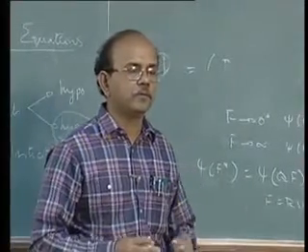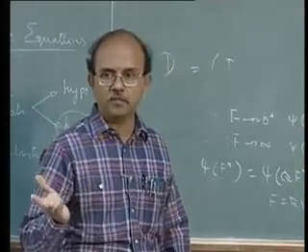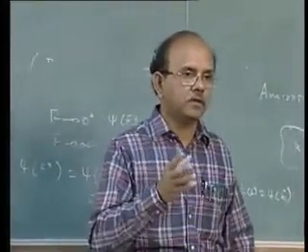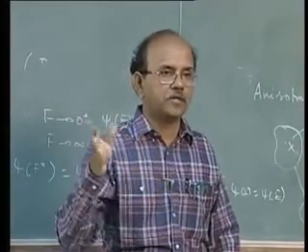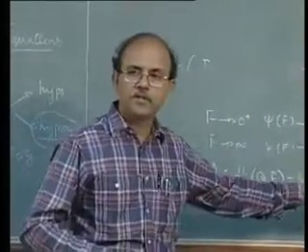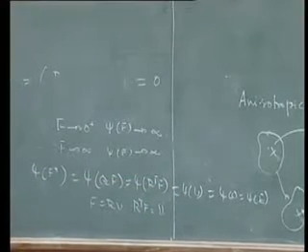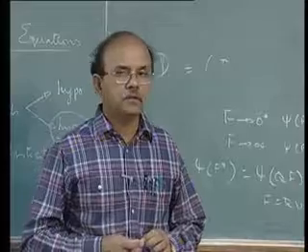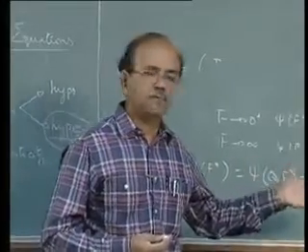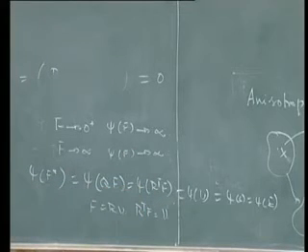We remember we defined F transpose F to be C, and we had a relationship between E and C. What was the relationship? Half into C minus I is equal to E, or 2E is equal to C minus I, and so on. Because of this relationship, you can say that the function can be in terms of C or E. Since it's a function of U, I'm saying that it can be looked at as a function of C, it can be looked at as a function of E, and so on.